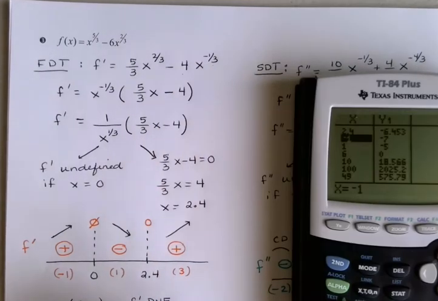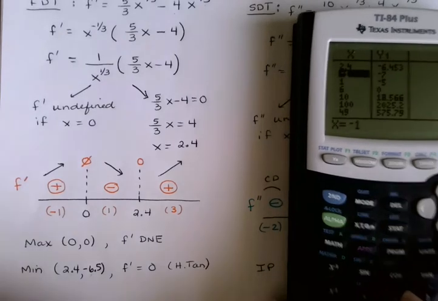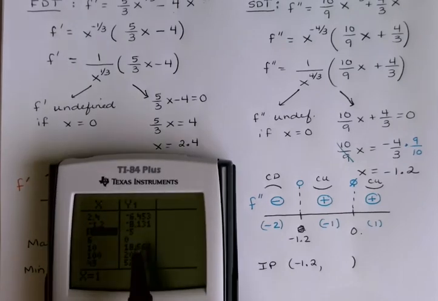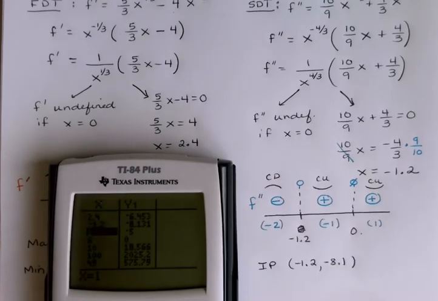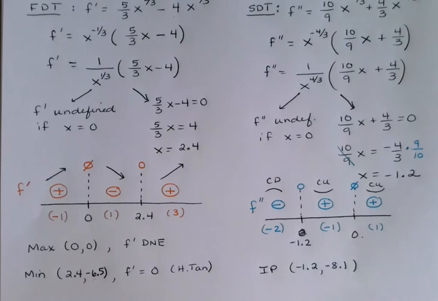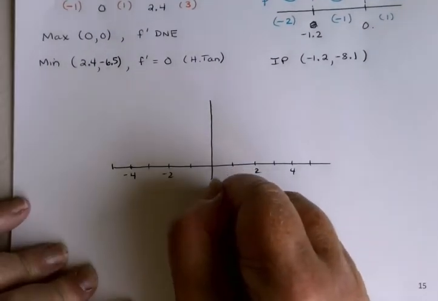I'm actually just going to round that to negative 6.5. I can't graph all that accurately anyway. And then my inflection point was at negative 1.2, and I end up with about negative 8.1 here. So I need to go down a ways on the y-axis.